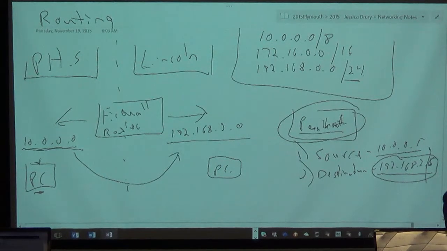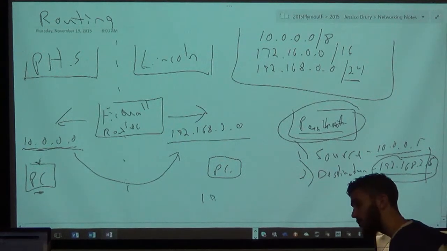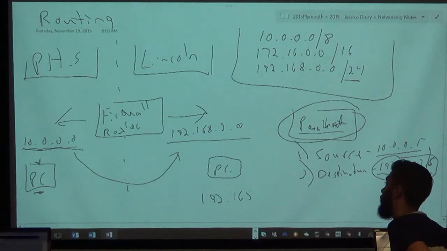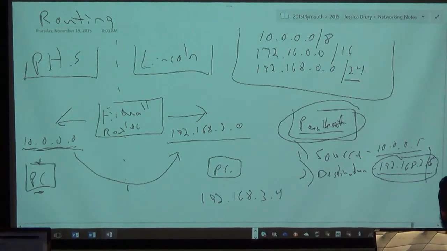Okay, Miguel, I'll give you another one. If the destination is 192.168.3.4 with a 24-bit subnet mask, what is the subnet mask, not 24-bit, but what is the actual subnet mask that I would assign to that IP address if it's 24-bit?